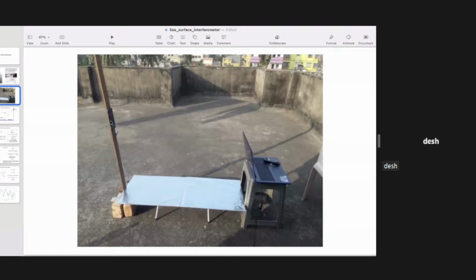In terms of resources used it's very similar, and it also uses the principle of reflection and interference, but it's a very different qualitative experiment. We had seen longitudinal interference. Now we are seeing it in the transverse direction.